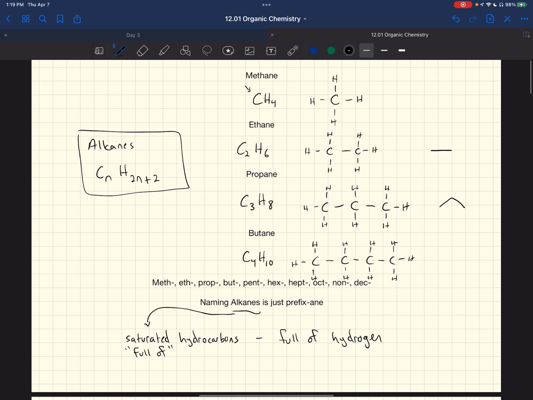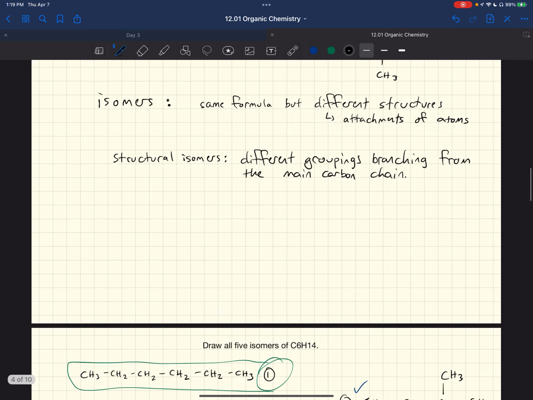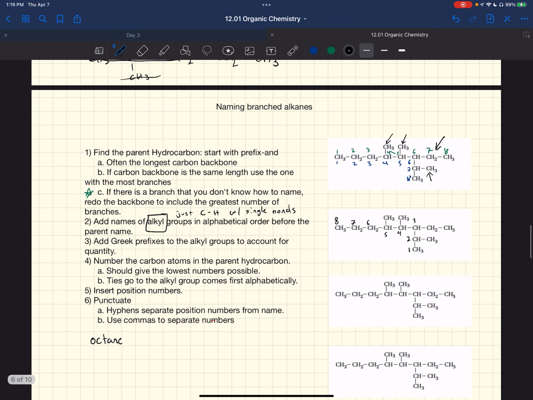And we name alkyl groups exactly like we did these, but instead of alkanes, like methane, it would be alkyl, which is methyl. So we could have alkyl groups that are like methyl, ethyl, propyl, and so on and so forth.